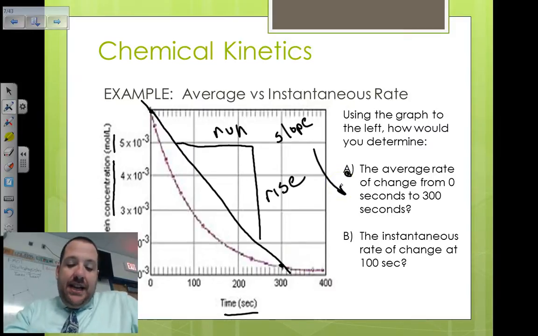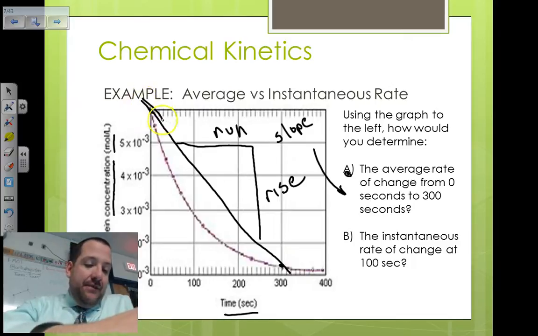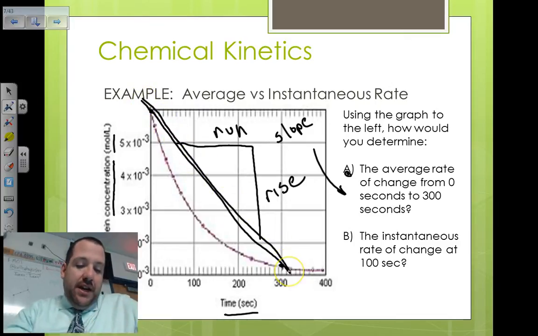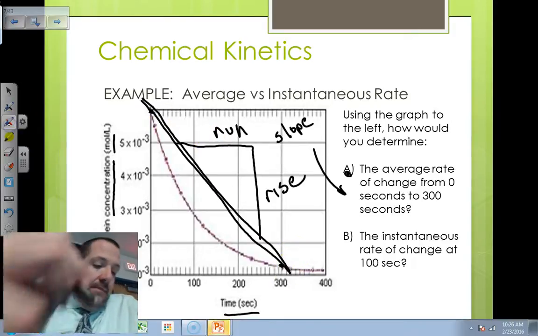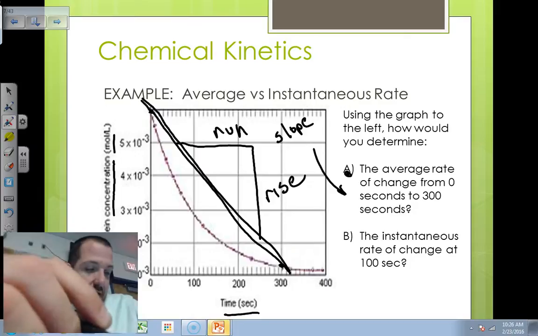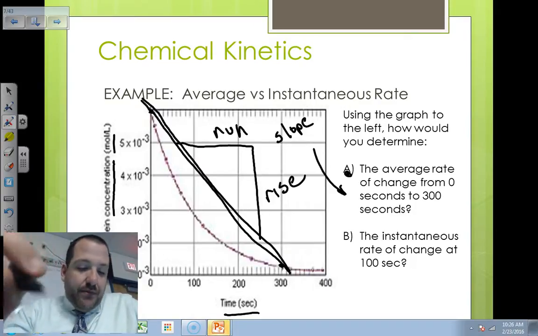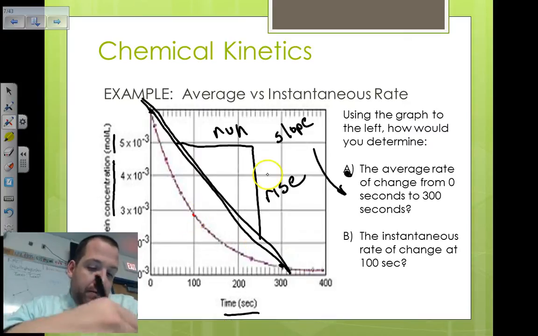Now, the instantaneous rate of change, again, is at one specific point. This average is over the lifetime of the reaction from 0 to 300 seconds. If we're going to try to find the instantaneous rate of change at 100, well, there's the point at 100.